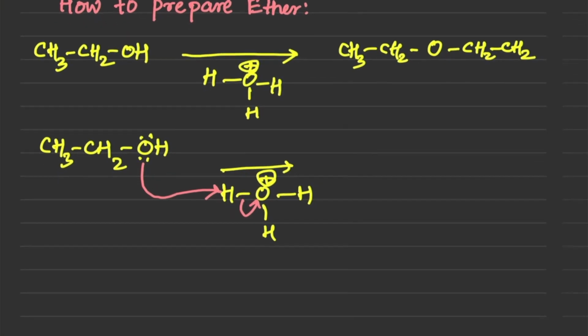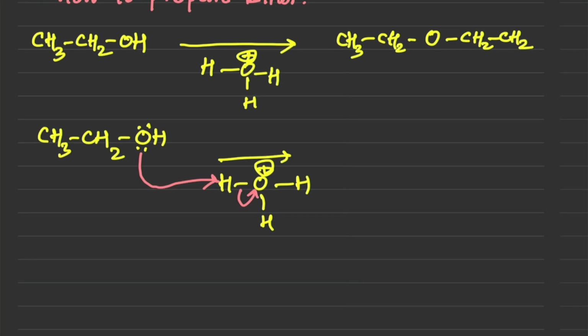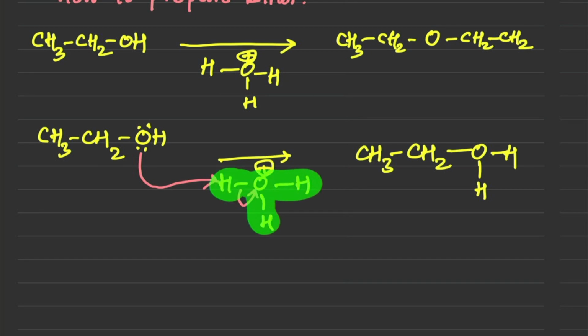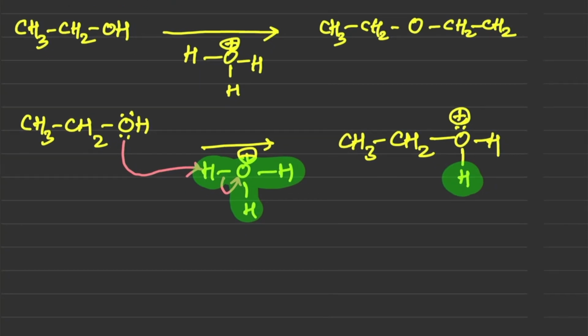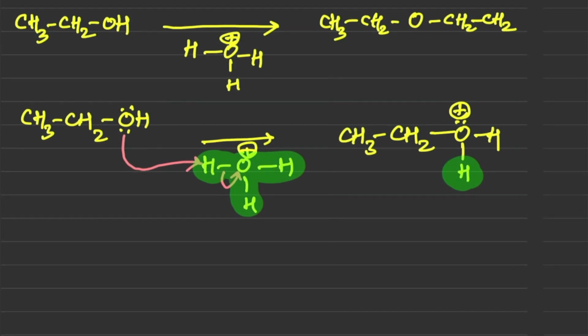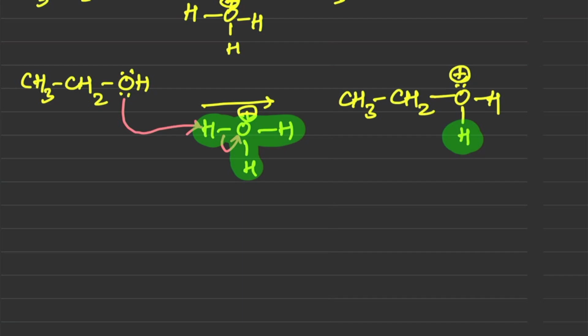Because this is an acid catalyzed reaction, what you make is CH3, CH2, OH, and H. This hydrogen right here has come from here. Now oxygen has 3 bonds, so it has given electron away, so it should have a positive charge. Every time you have 3 bonds around oxygen, just remember: 3 bonds positive, 2 bonds neutral, 1 bond negative. So oxygen has 3 bonds, so it's going to have a positive charge.